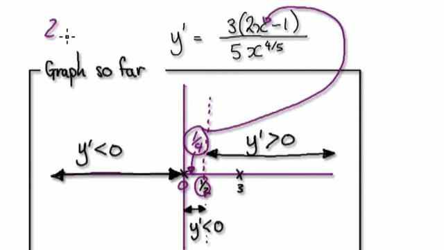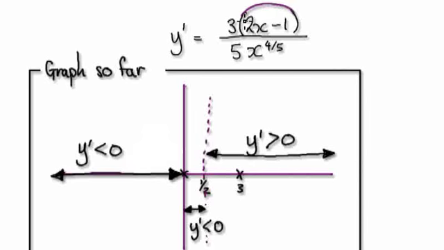So 2 times a quarter, that will be a half. Okay, so you've got half, take away 1, so this thing here will be a negative.